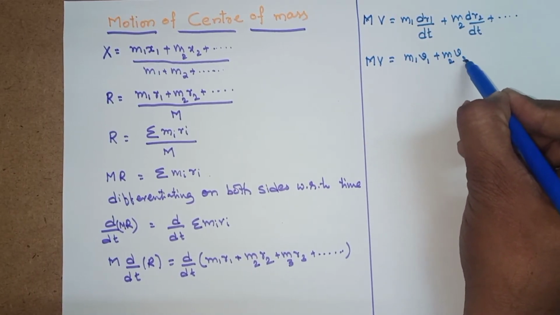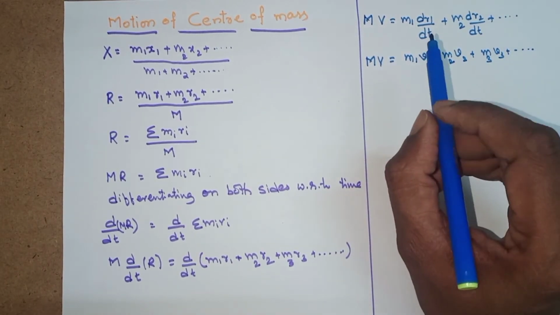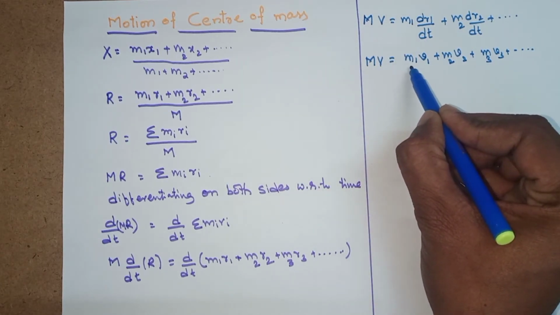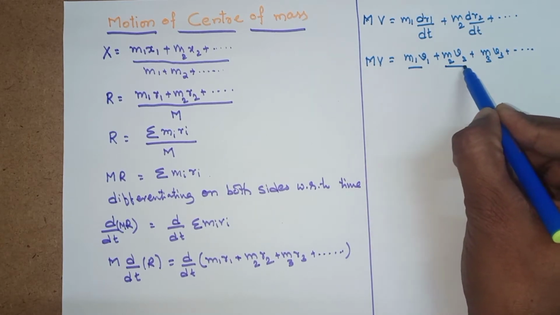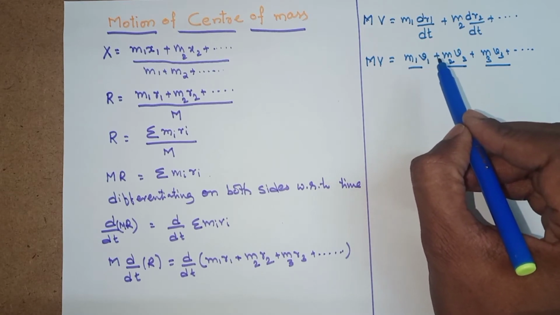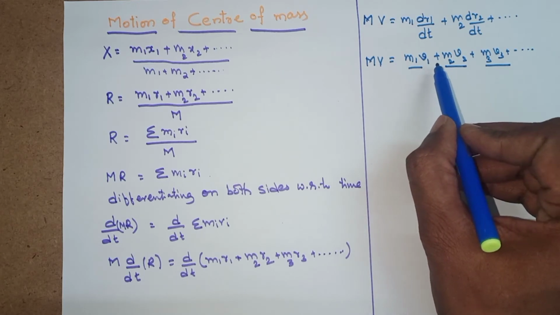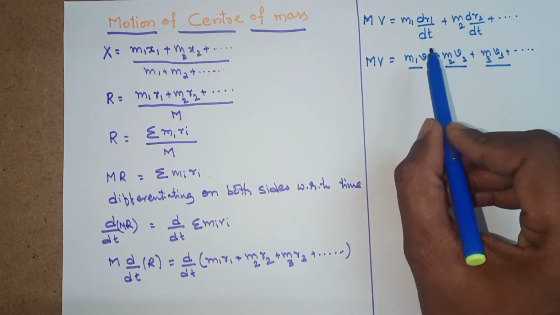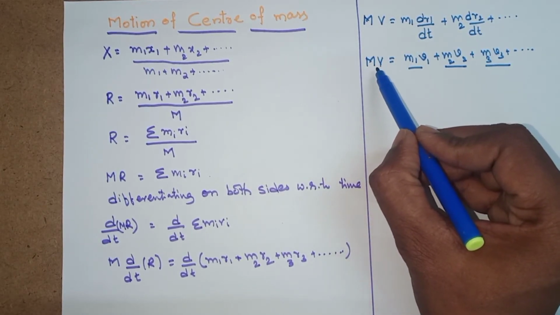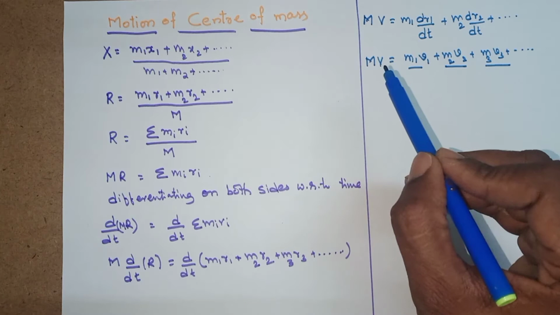These are the first particle momentum, second particle momentum, third particle momentum, because m1, m2, m3 are the masses of the particles inside the body, v1, v2, v3 are the velocities of the particles we consider inside the body, capital M is the total mass of the system, and V is the velocity of the total body.